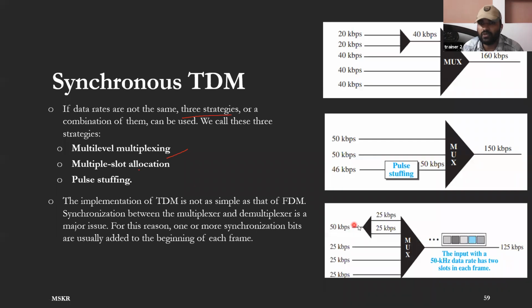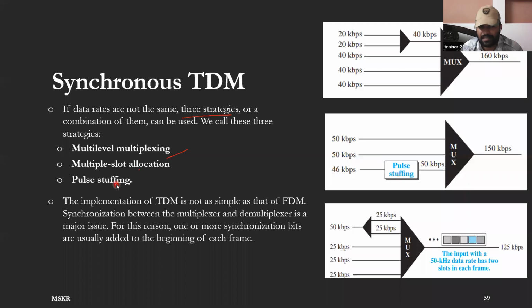So what you are going to do is use a splitter, something like a demultiplexer, which divides this 50 kbps into two 25 kbps. And you are going to provide 2 slots for one user and 1 slot each for the other 3 users. That is the reason this is called multiple slot allocation. So the first one is multi-level, where multiplexing is done at 2 levels. The second one is multiple slot, where one user gets 2 slots and the other 3 users get 1 slot each.